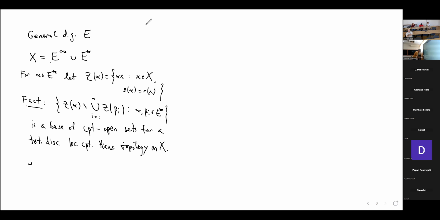So alpha in E star defines a partial homeomorphism, in the sense that it's a homeomorphism between actually compact open subsets of X. Right, so alpha takes all things in X whose range is the source of alpha and sends it to all things that begin with alpha.